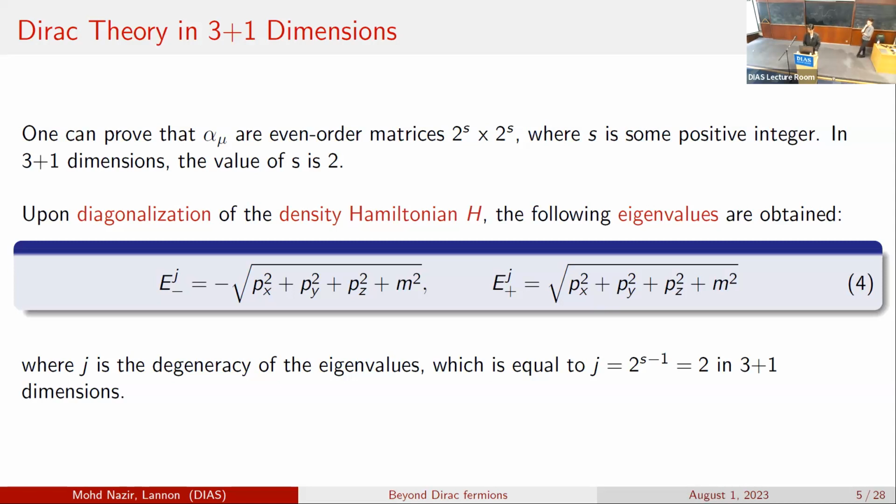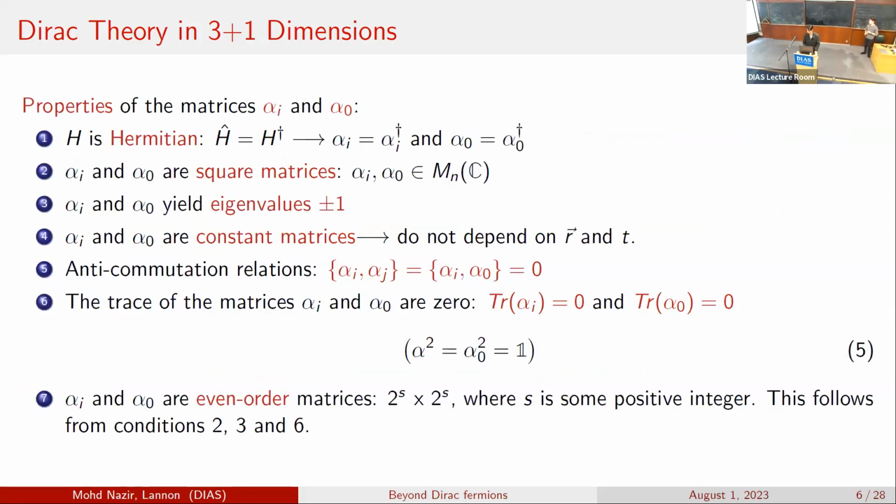The superscript J just denotes the degeneracy of the corresponding eigenvalues, which is equal to 2 in 3+1 dimensions. And moving on, I'd like to give some properties of these alpha matrices, which would pose some relevance in our investigation of the Dirac-like fermions, which would be the exotic fermion types.